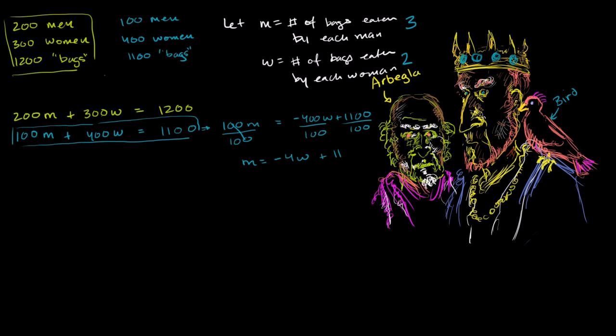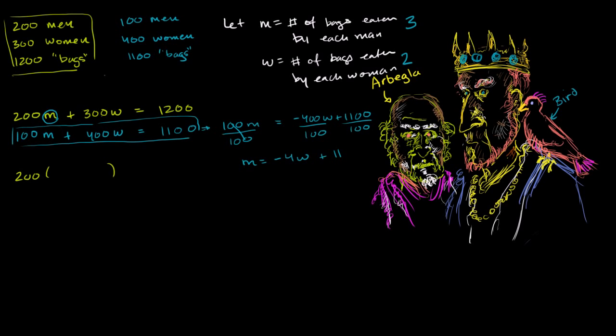Why don't we take this constraint and substitute it back for m in the first equation, and then we will have one equation with one unknown. And so the king starts to write at the bird's direction, 200. So he's looking at that first equation now. He says 200, and instead of putting an m there, the bird says, well, m, by the second constraint, m is equal to negative 4w plus 11.